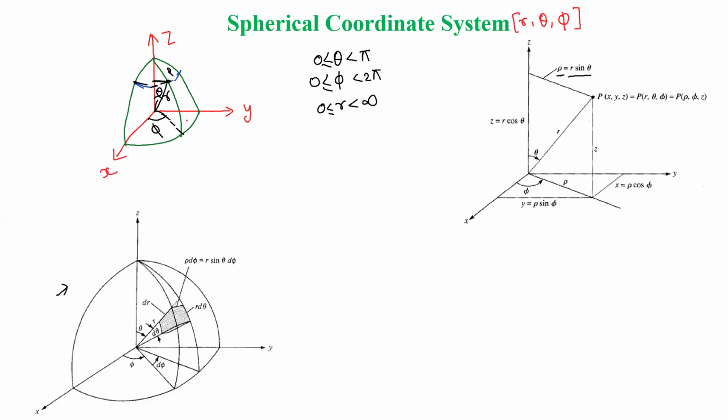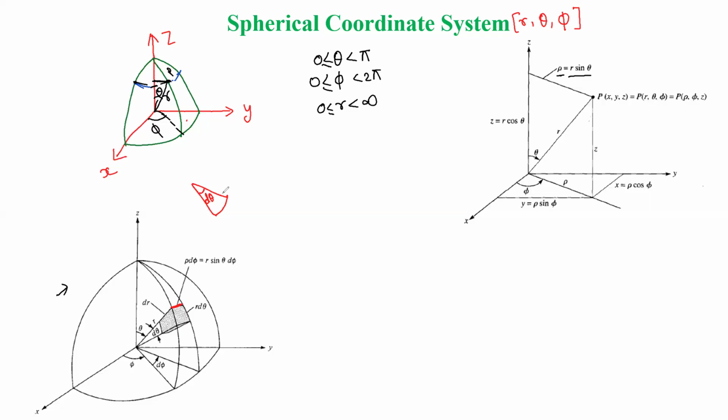for this arc, what is the value? If I represent it separately, it can be drawn like this. This value is what? This one is d theta. And this one is what here?